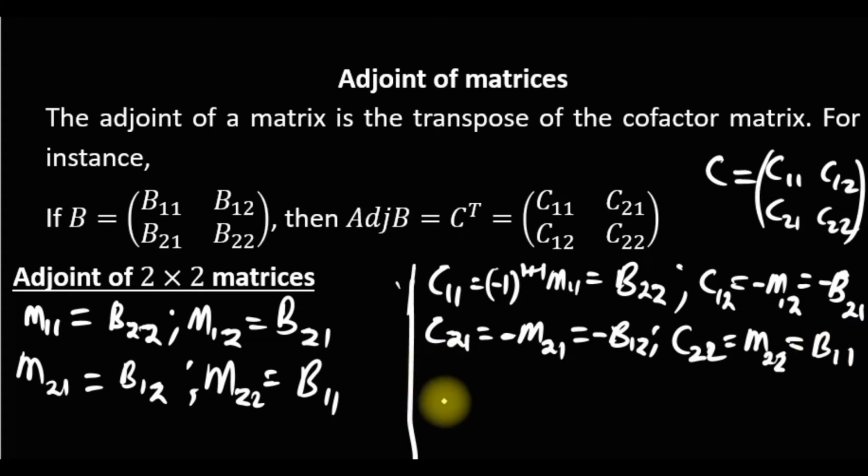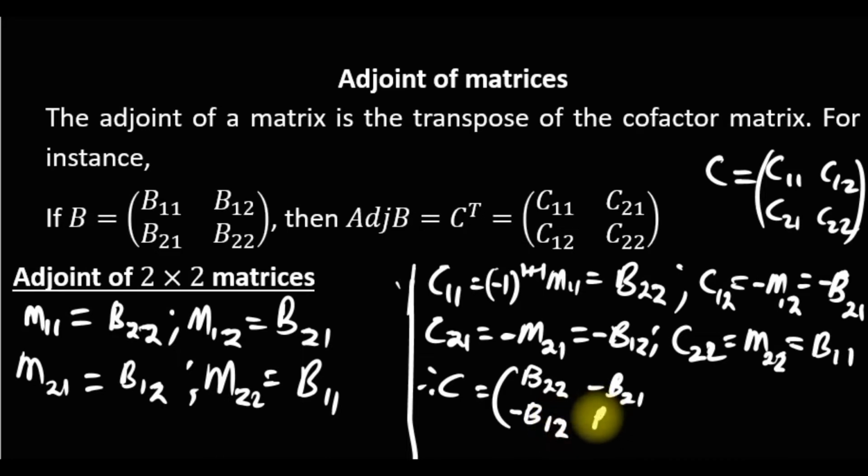So our cofactor matrix is now C11, C12, which is B22, minus B21, minus B12, and finally B11.